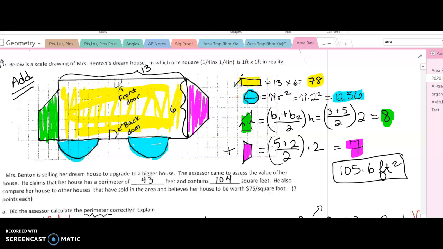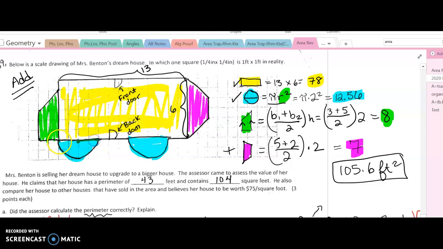The next thing I did is I have 2 half circles, and I know that 2 halves together, if you were to smush them together, they would make a whole. So I made 2 half circles equal a whole. I know a whole circle is pi r squared. The only thing I need is the r. r is the distance from the center of the circle out to the rim.